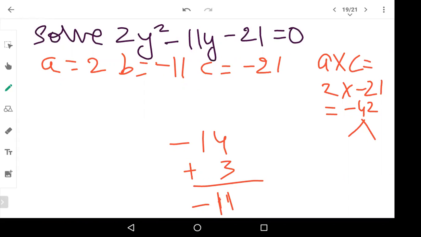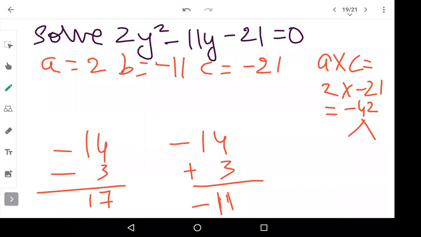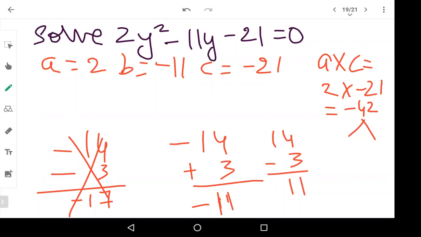If I do minus 14 minus 3, I will get minus 17. This is not possible. If I take 14 minus 3, I will get plus 11. This is also not possible. And normally 14 plus 3 will be 17. This is also not possible. So what is the correct sign? Minus 14 and plus 3.